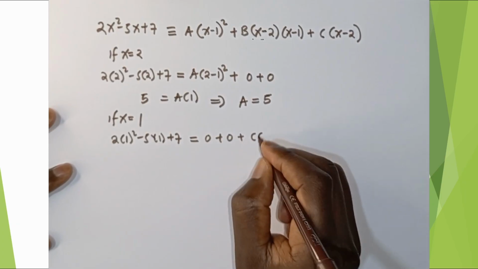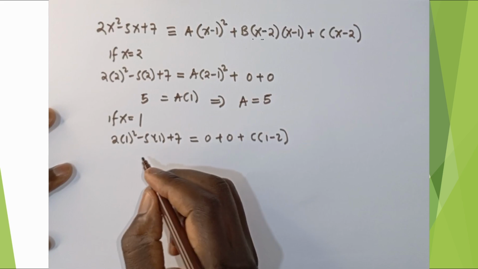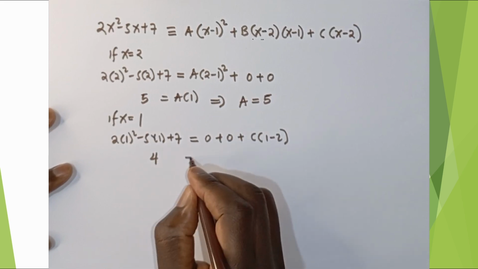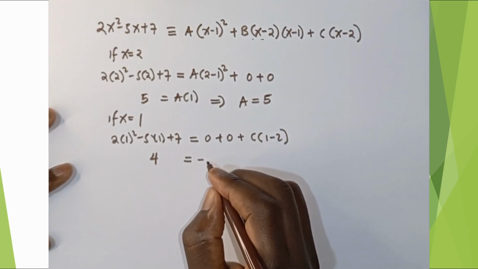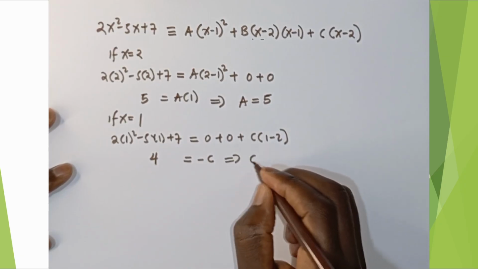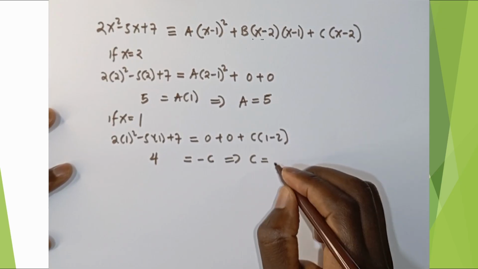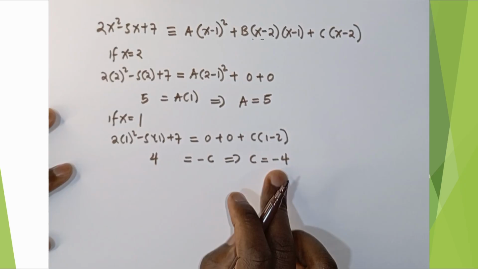I remain with the c into 1 minus 2. So simplifying this, I'll have 4 is equal to negative c. So this tells me that c is actually equal to negative 4. So we have c as negative 4.